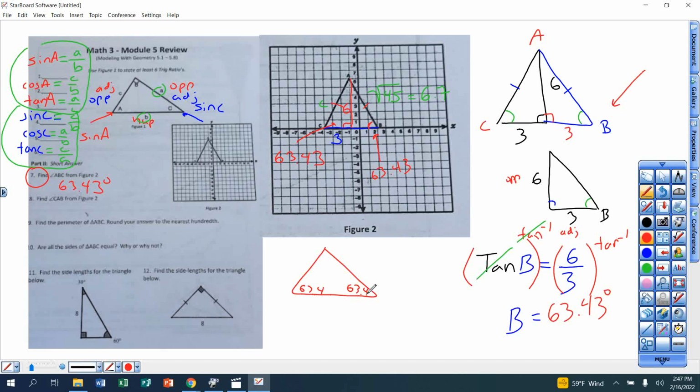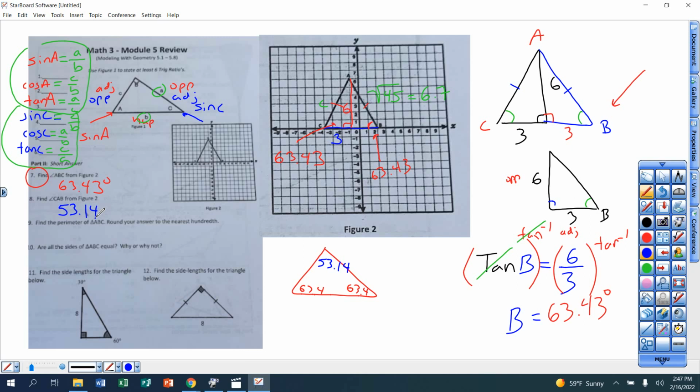So if I take 63.43 plus another 63.43, add them up and take that away from 180, it gives me about what that angle has to be, about 53 degrees. Because if I add 53.14 to those other angles, 63, it totals up to 180.